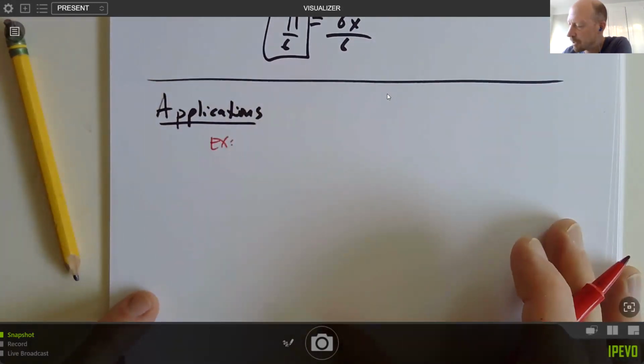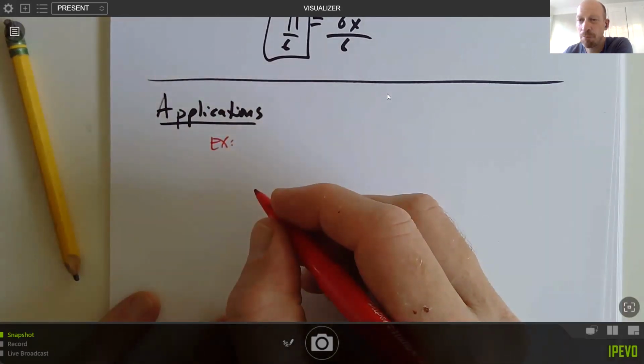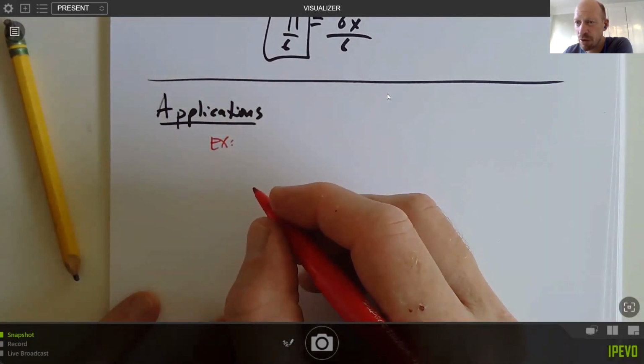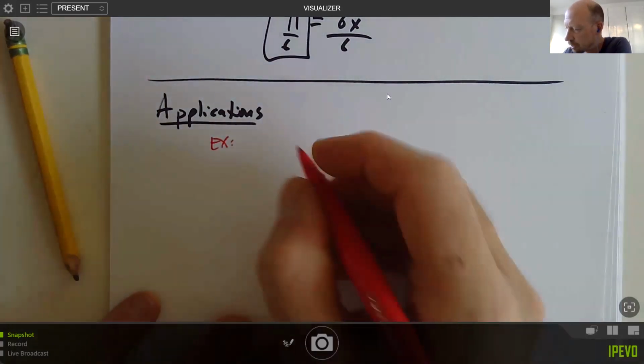An example of an application problem. I'm going to do a mixture problem. I think there are a couple of these in your homework.